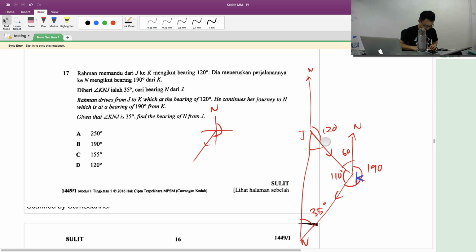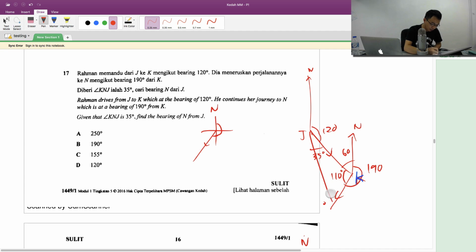So I solve the triangle first. This is 35 plus 110, and then 180 minus the answer. Here is 35 degrees. If this is a straight line, it should definitely not look like this, because a straight line must be 180. So I will redraw my diagram, but the angle is drawn randomly here.